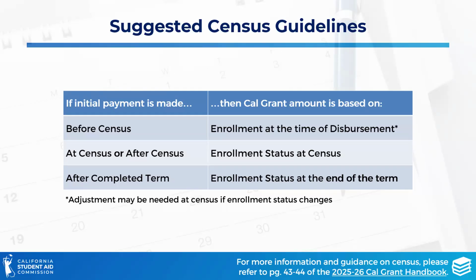If you're making the initial payment at census or after census, you're basing the enrollment on what they were in at census. And as we talked about, if you're making a disbursement after the completed term for the very first time, their enrollment status is based on what they were in at the end of the term, so including those failed grades. We have more guidance on this on pages 43 through 44 of that Cal Grant handbook.